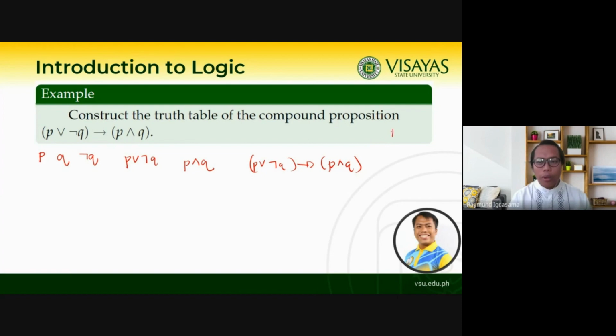Okay? Kung P o Q lang gani, 4. Kung PQR na, mahimo na siya nga 8. Pero kung upat na, PQRS, mahimo na siya nga 16 lines. Okay? Pero sa kanisiya, sa may combination ani, so you have P, Q, so you have 4 possible combinations ani.